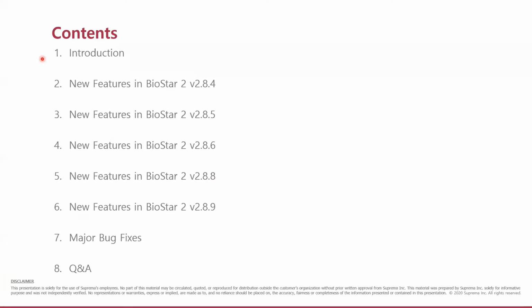I will give you a guide how to participate in the webinar interactively in the introduction part, and we'll review major new features of BioStar 2.8.4, 2.8.5, 2.8.6, 2.8.8, and 2.8.9 in order. Subsequently, we will have a Q&A session after briefly introducing major bug fixes for each version. If you're ready, let's start today's webinar.